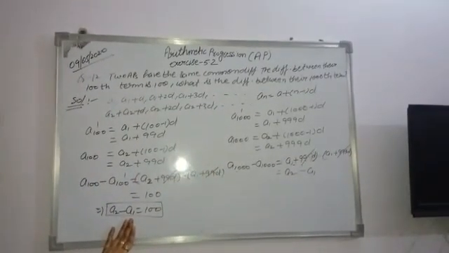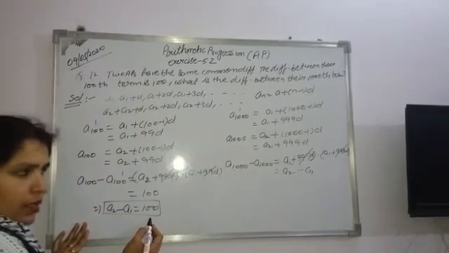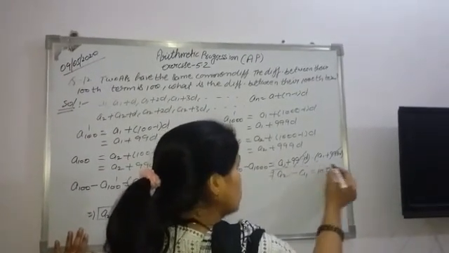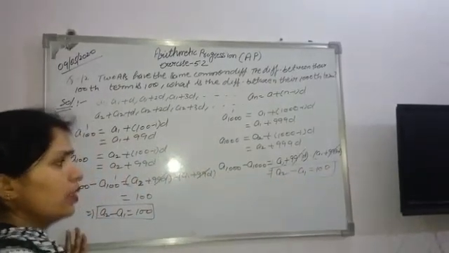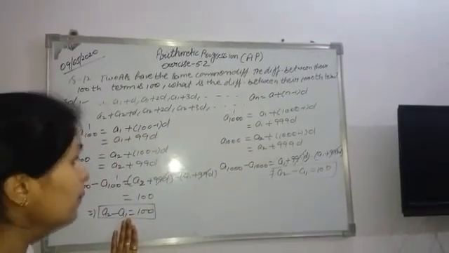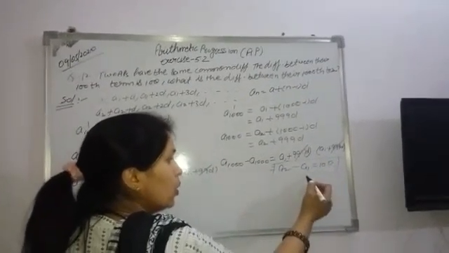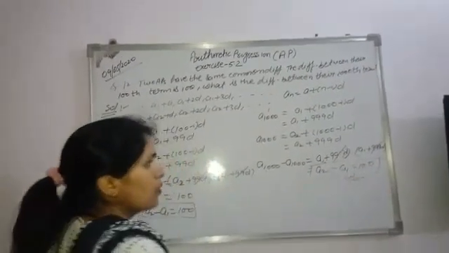And from the first relation, what is the value of A2 minus A1? The value of A2 minus A1 is equal to 100. So we can use this value in this relation also, and we can say that the difference between their 1000th terms is also equal to 100. So this is the answer to this question.